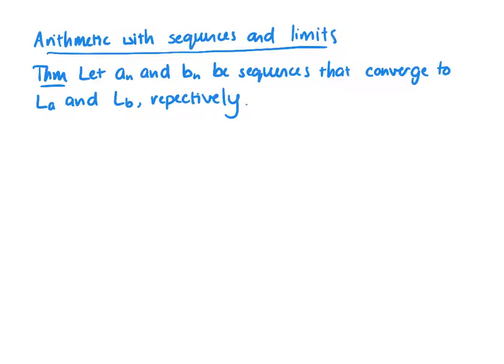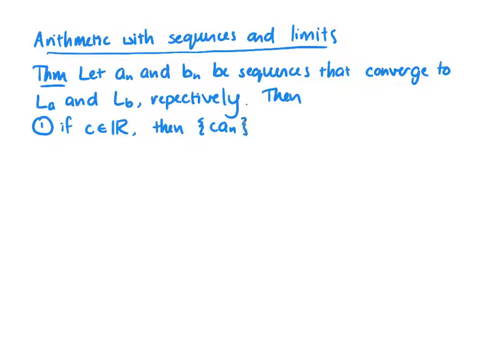Okay, so there's a bunch of statements that we can say. So one, if c is some real number here, then this new sequence, so I'm just building new sequences out of the ones we have and saying what their limits are.